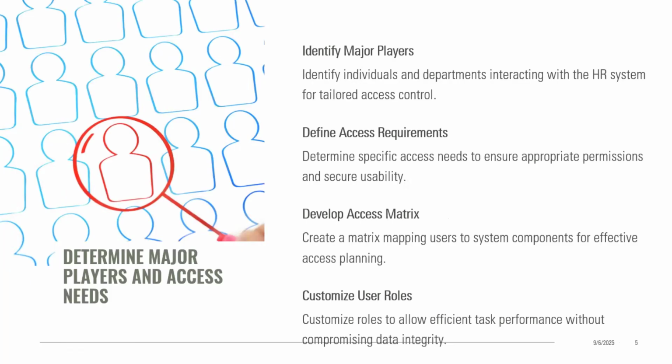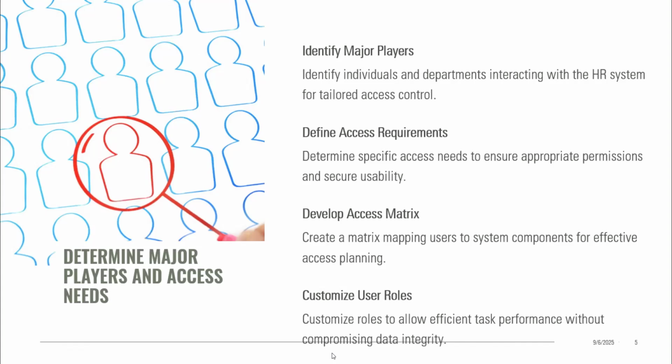The third step is to determine major players and access needs. Identifying the major players is very essential because individuals and departments interacting with the HR system need access and control. Determine specific access needs to ensure appropriate permissions and to secure the data and its usability. The next aspect is to develop a matrix.